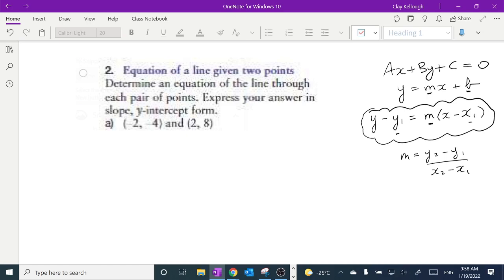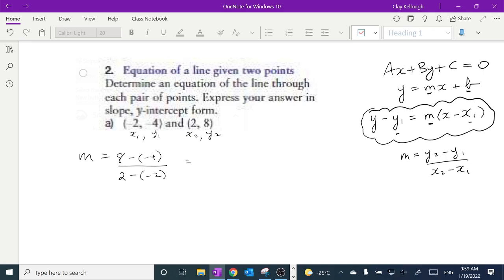So let's apply that to these 2 points. So the slope between these 2 points, we'll call this one the first point, and we'll call this one the second point. So it's the second y coordinate minus the first y coordinate, and the second x coordinate minus the first x coordinate.